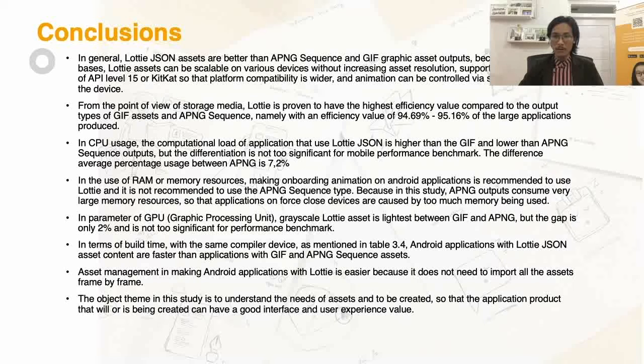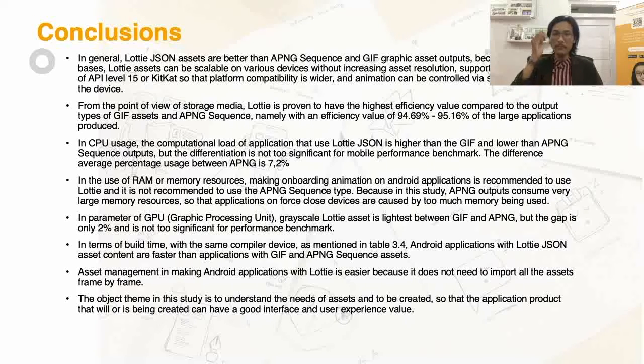The conclusions are, first, in general, Lottie JSON assets are better than APNG sequence and GIF graphic asset outputs, because with vector-based Lottie assets, output can scale to various devices without increasing asset resolution. It supports Android API level 15 or KitKat, so platform compatibility is wider than GIF and APNG.